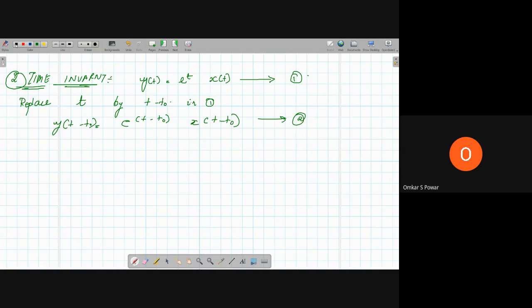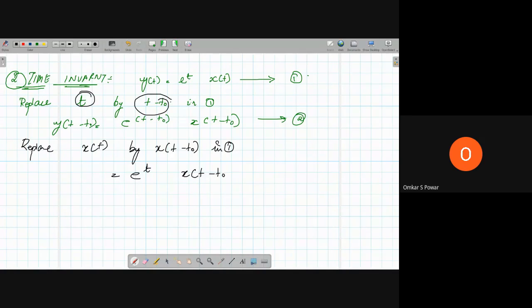So we have replaced t by t minus t naught. Now what is the procedure? Replace x of t by x of t minus t naught in 1. So what we will get? e power t into x of t minus t naught. Why? Because we are only replacing this x of t by x of t minus t naught, and previously, because we replaced t by t minus t naught, we got it in both the terms.